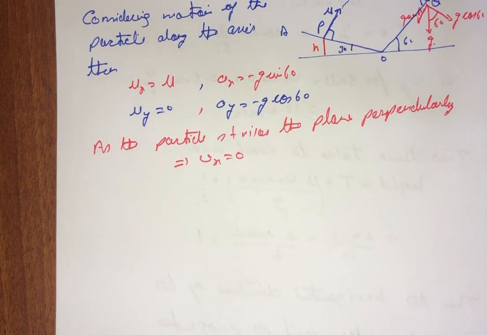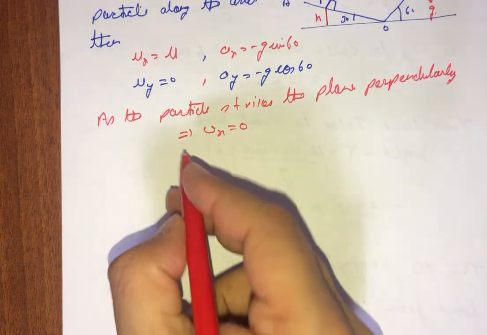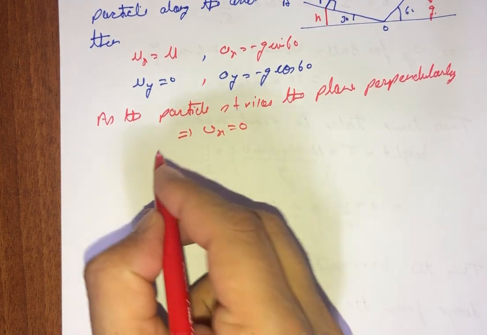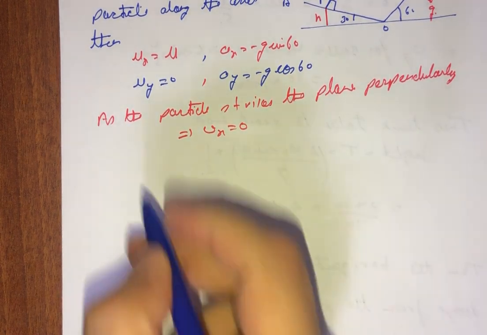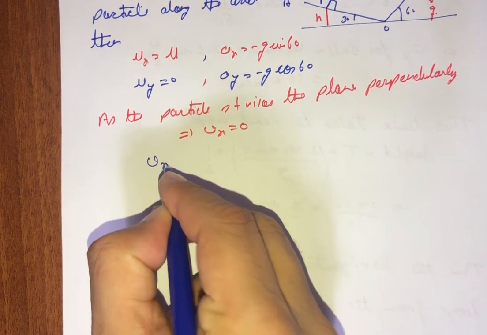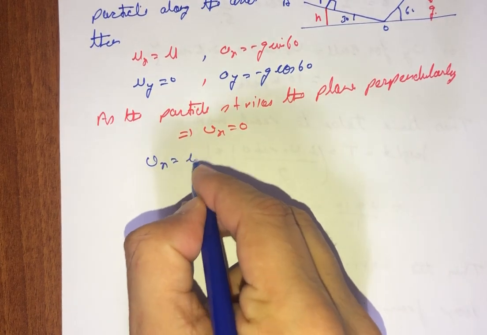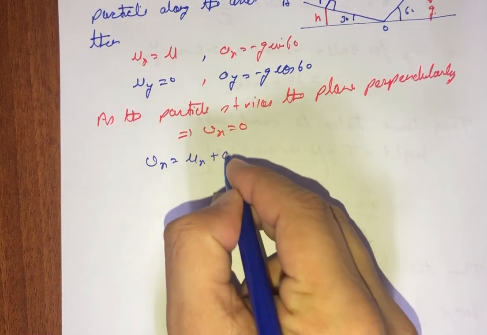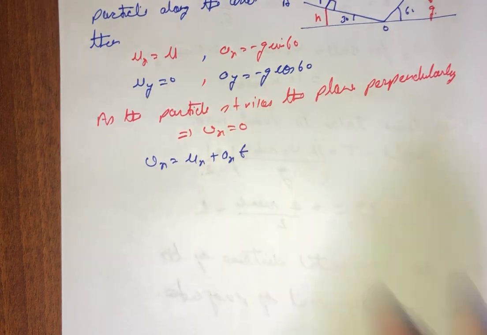V of x will be equal to 0. And using the equation of kinematics, we can say that V of x is equal to u of x plus a of x multiplied by time t.